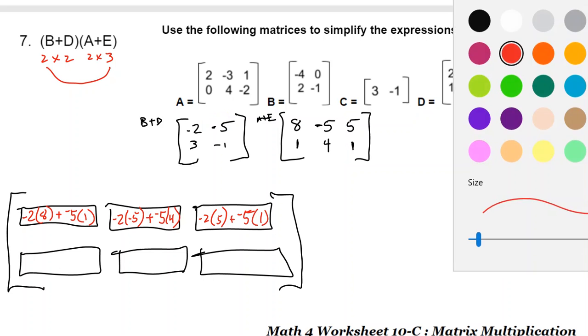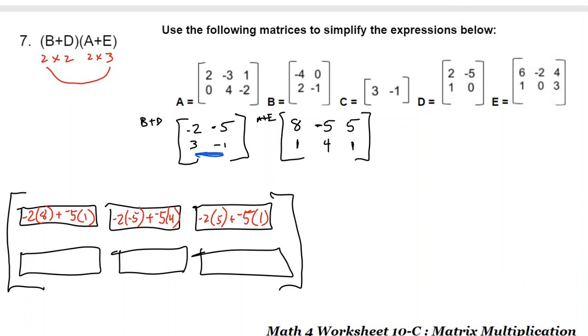Now we can work on the bottom row. 3 times 8, negative 1 times 1. Then we move the column over. 3 times negative 5, negative 1 times 4.